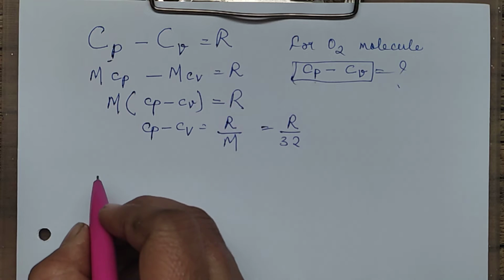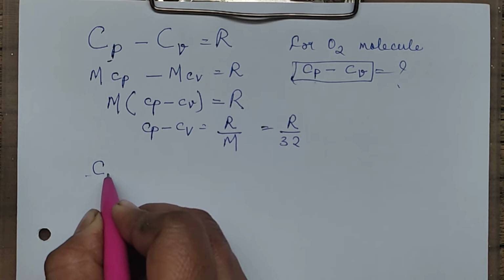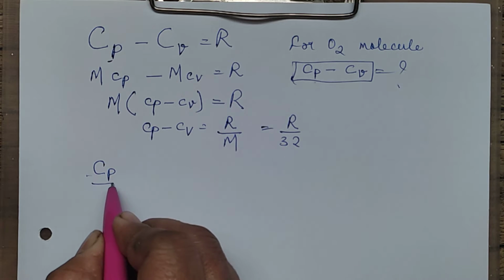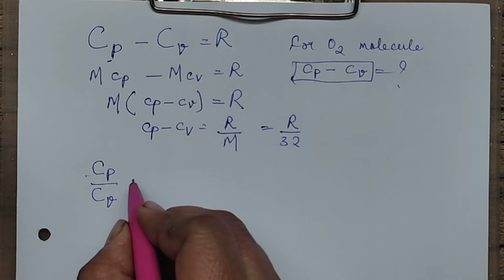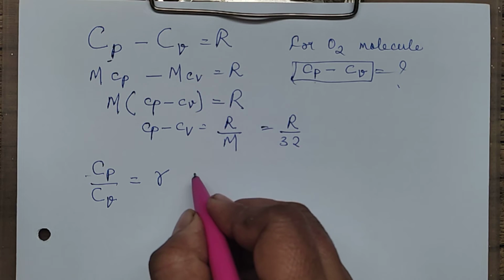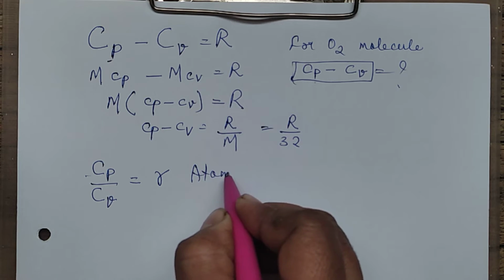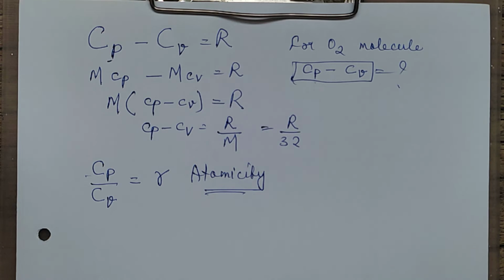Another thing, you have one more important relation. Molar heat capacity at constant pressure divided by molar heat capacity at constant volume, this ratio gives us gamma. Gamma is related to atomicity. It helps us in calculating the atomicity of a molecule.